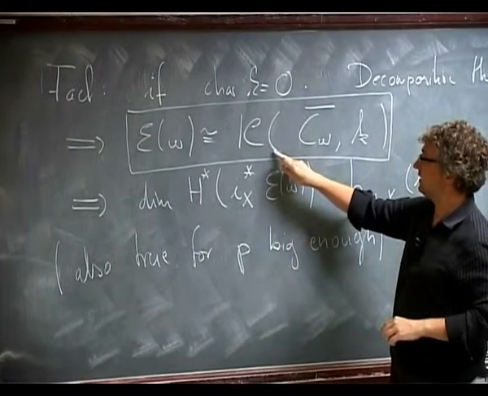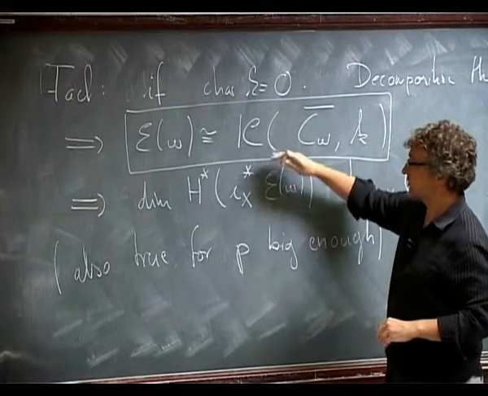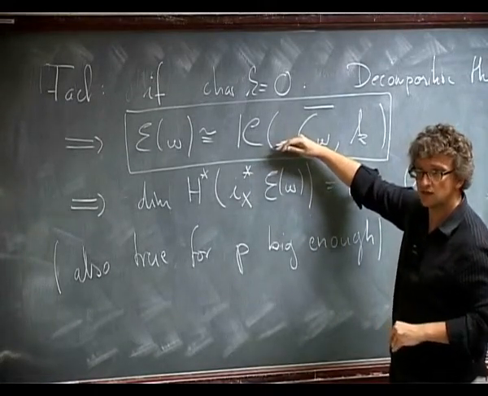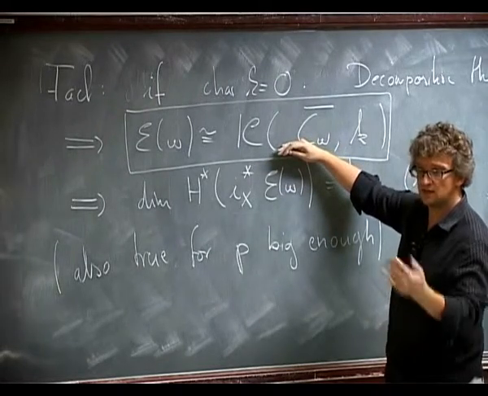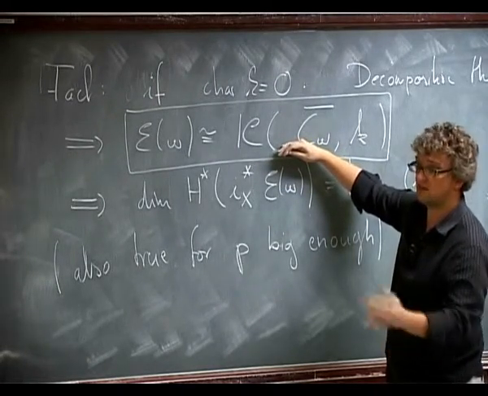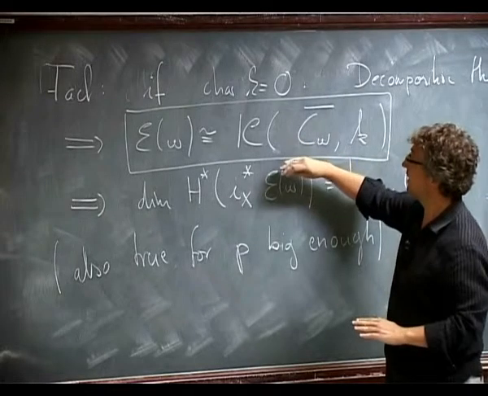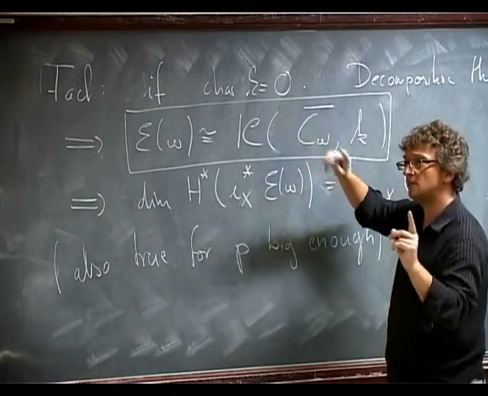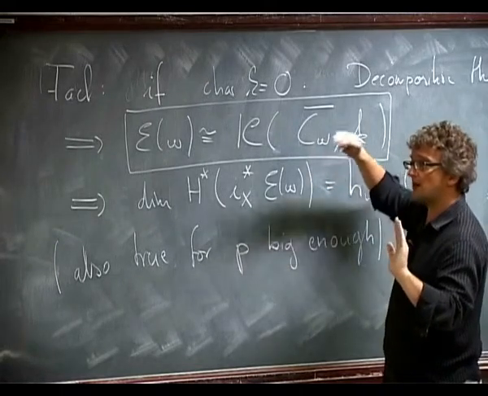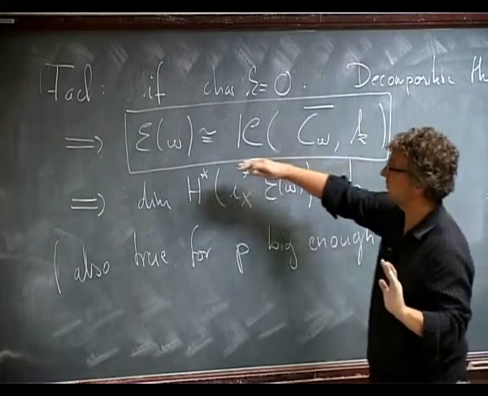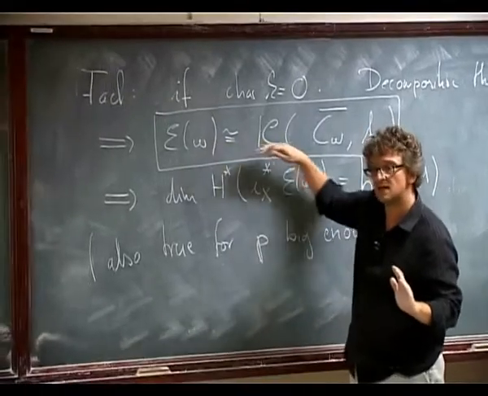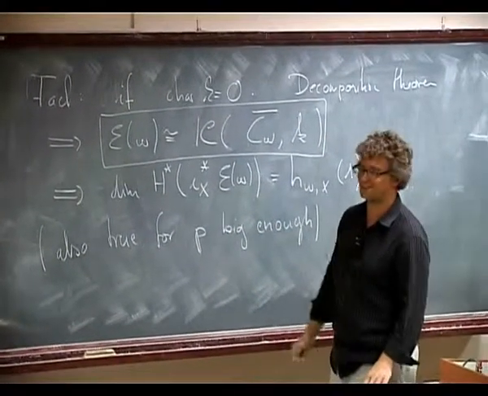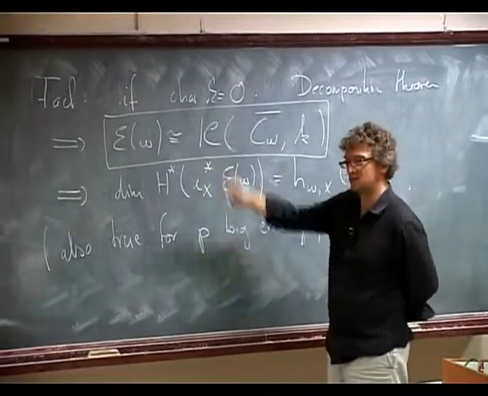Let me think. Geordie Williamson produced his counterexamples not topologically, not in this setup, but in the setup of Soergel bimodules, which I haven't introduced here. I think it's an equivalent statement. I think you can deduce that for his counterexamples this identification also fails. Otherwise, this would imply Lusztig's conjecture.